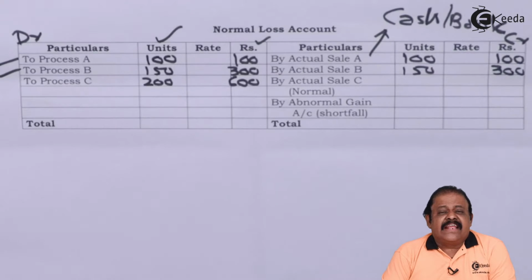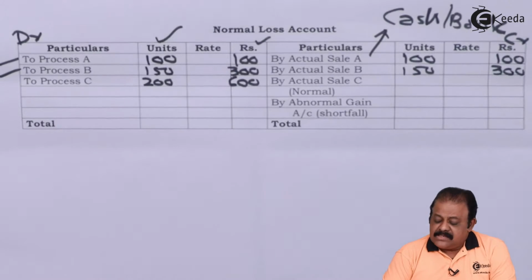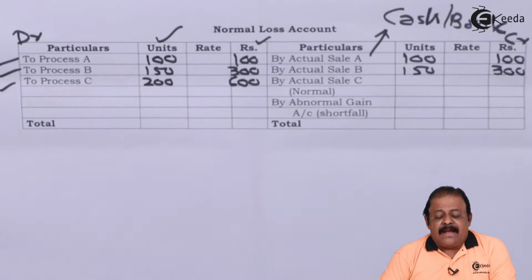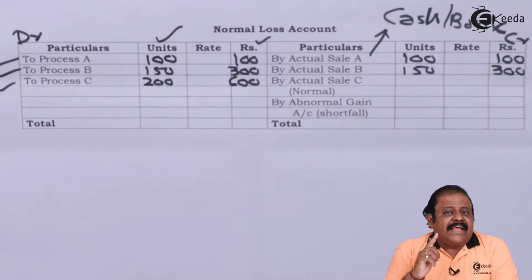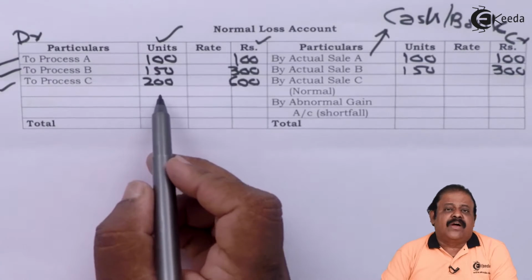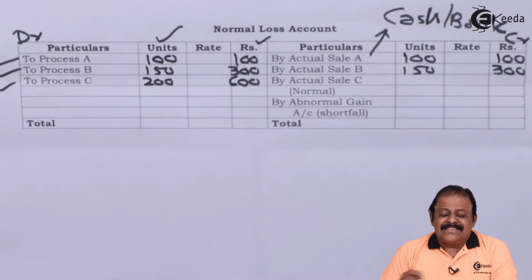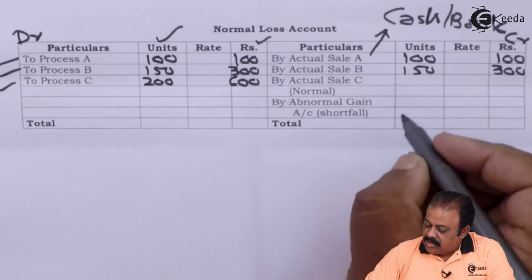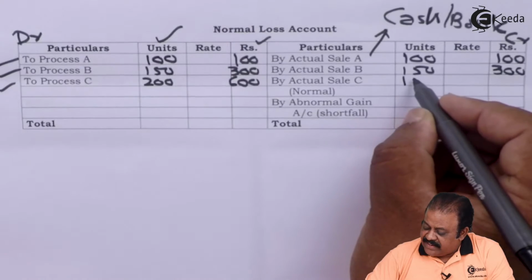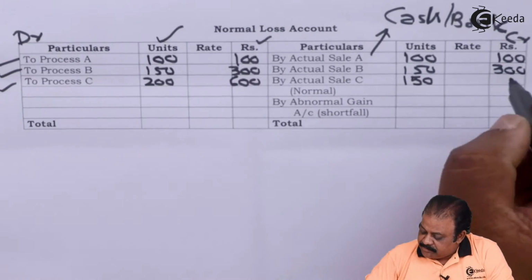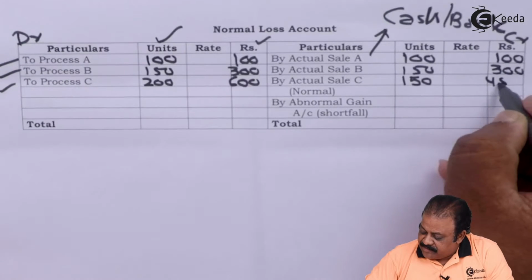What happens if in any case there is an abnormal gain? Say in process C there is an abnormal gain of 50 units. Then we can't have the normal loss of 200 units arising, because there is an abnormal gain of 50 units, so it will be lesser by 50 units. So actual units will be 150, and the per unit rate is 3 rupees, so it will be 450.